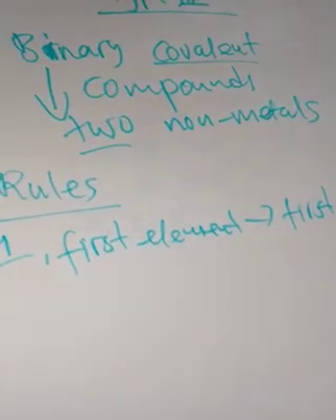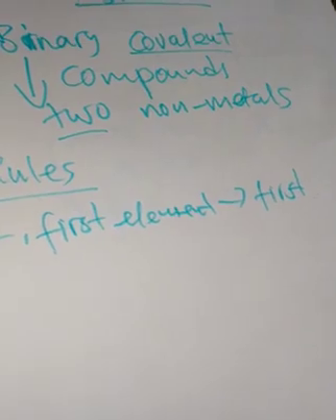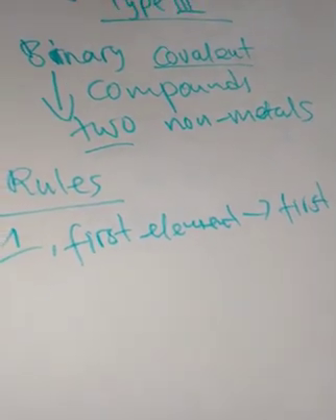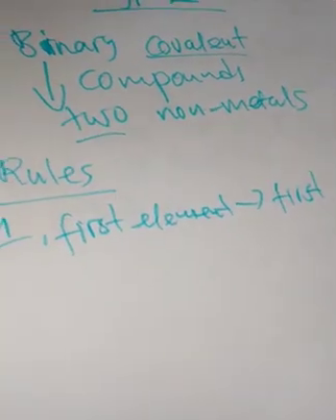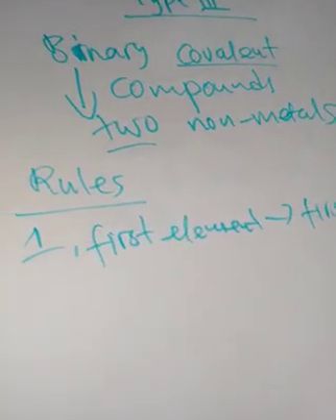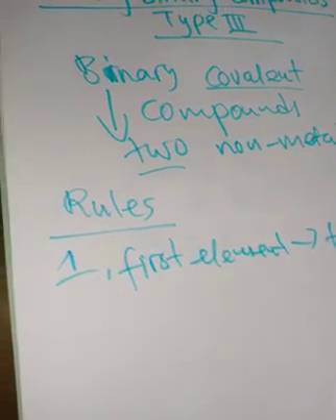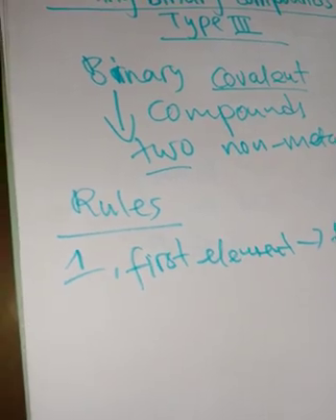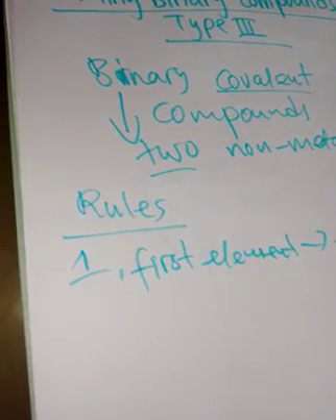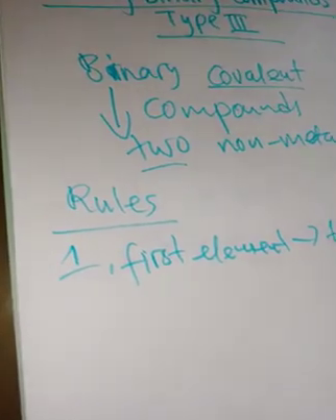If the first element is sulfur, you should use the full name of the element, sulfur. If the first element is nitrogen, the full name of the element should be used.